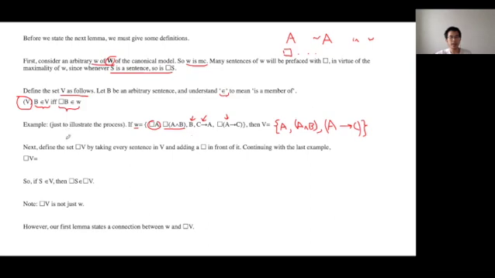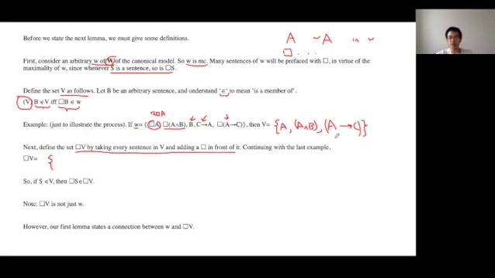Okay. Next, we're going to define the set box V as follows. So box V is obtained from V by taking every sentence in V and adding a box in front of it. So continuing with the last example, we just look at V. None of these are going to have boxes. Well, they could, if in W we had like box A, but anyway, that doesn't matter.